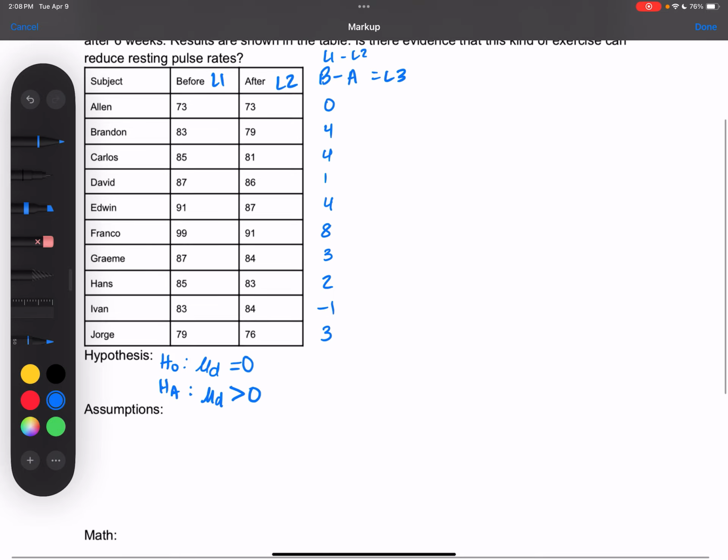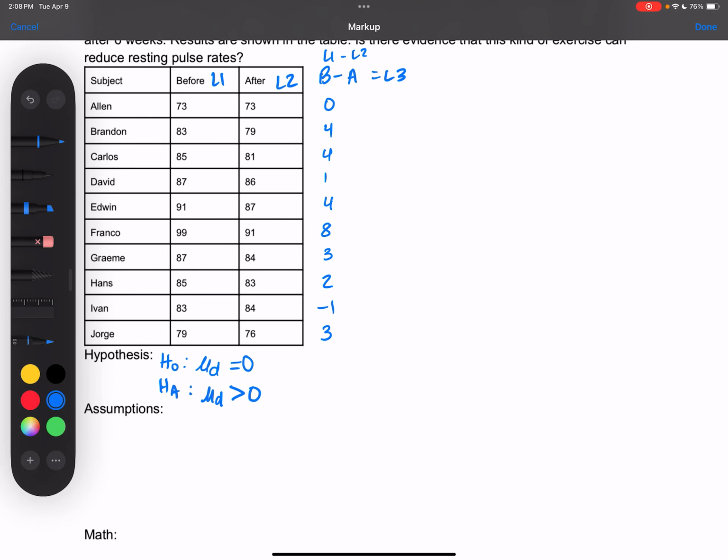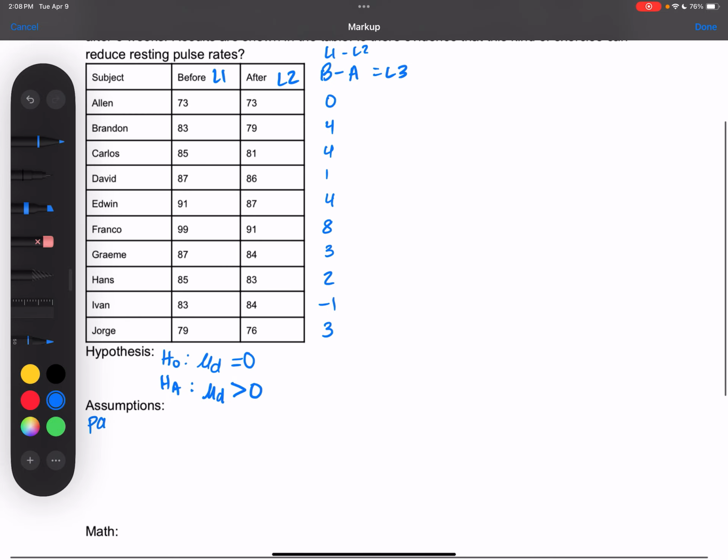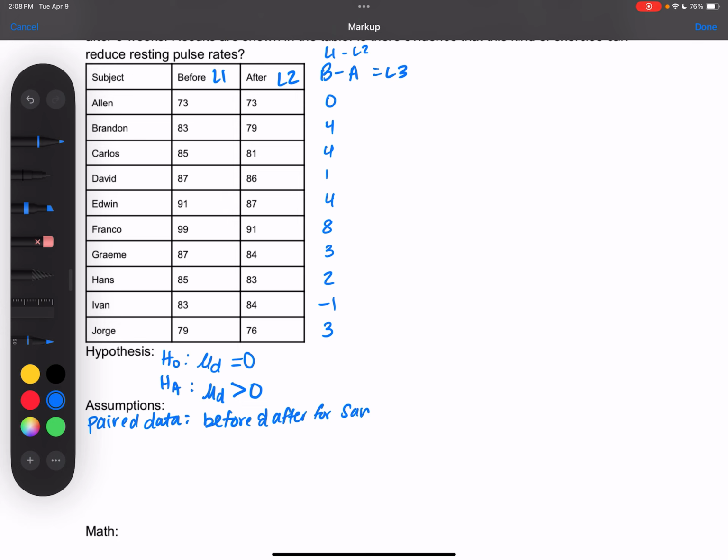All right, so assumptions. Paired data. Why? Yes, before and after. Before and after for same people. Is it independent?